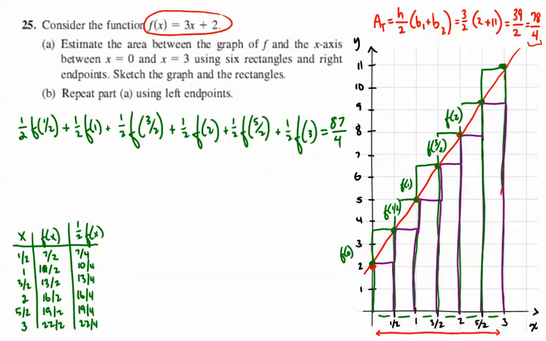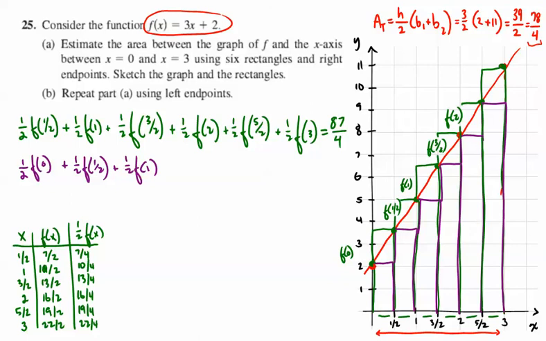Well, they all still have a base of 1/2. But for the first one, it'll have a height which is f of 0. The second one, its left endpoint would be f of 1/2. So it'll have an area of 1/2 times f of 1/2. The third will be 1/2 times f of 1.